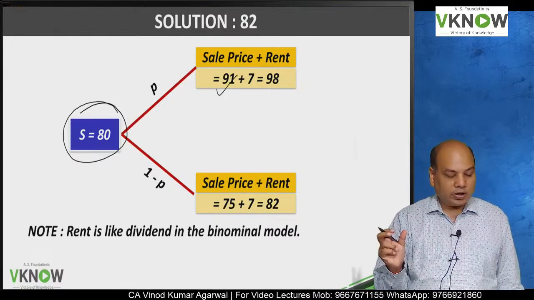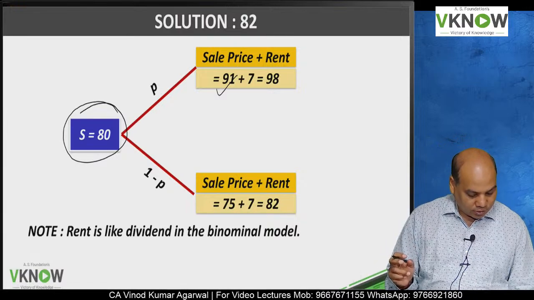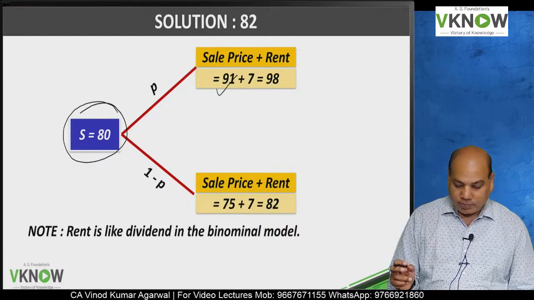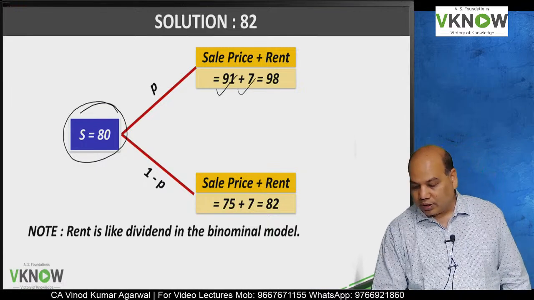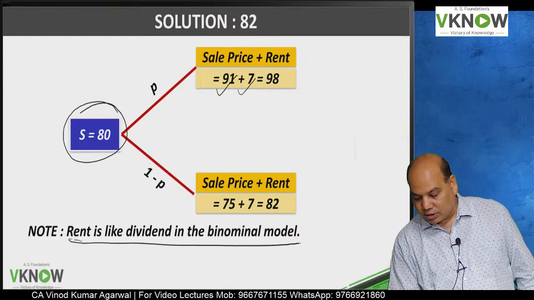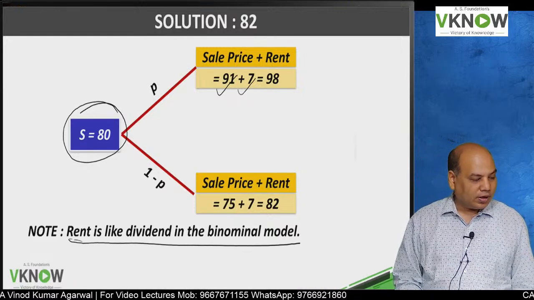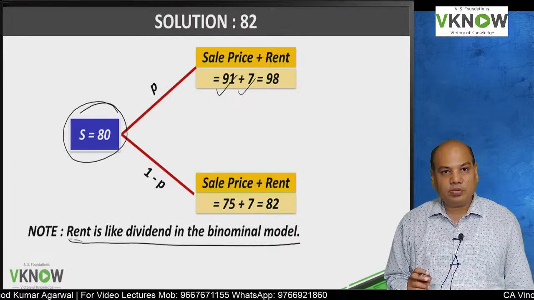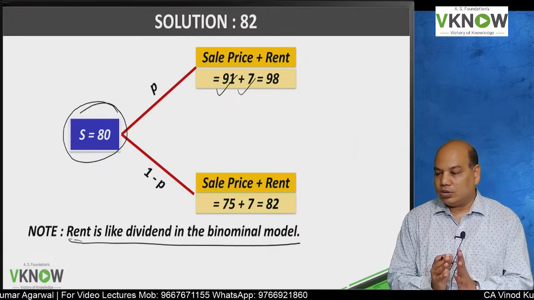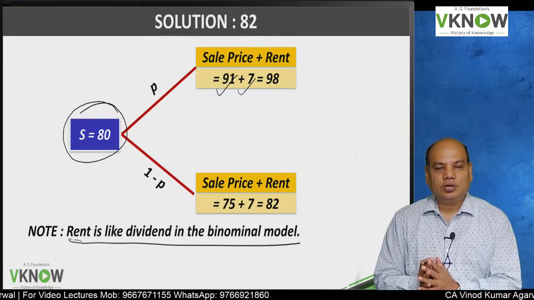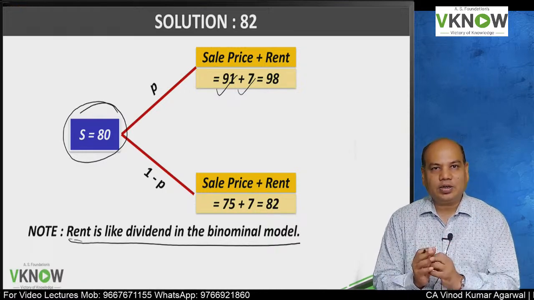And the rent for 1 year is given in the question. Somewhere in the problem they had given yearly rent per apartment is 7 lakh. That is like dividend in the binomial model. So you are going to get 91 plus 7 lakh rupees rental also.